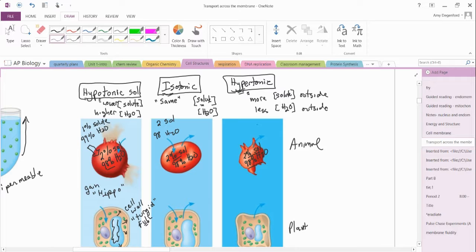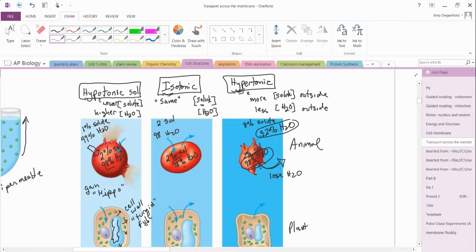A hypertonic solution would be something like an 8% solute solution on the outside, and that means it would be a 92% water solution on the outside. I'm so sorry, can't do my math. And so we'd have more water on the inside, less water on the outside. Water is going to leave. And so in a hypertonic solution, cells lose water.